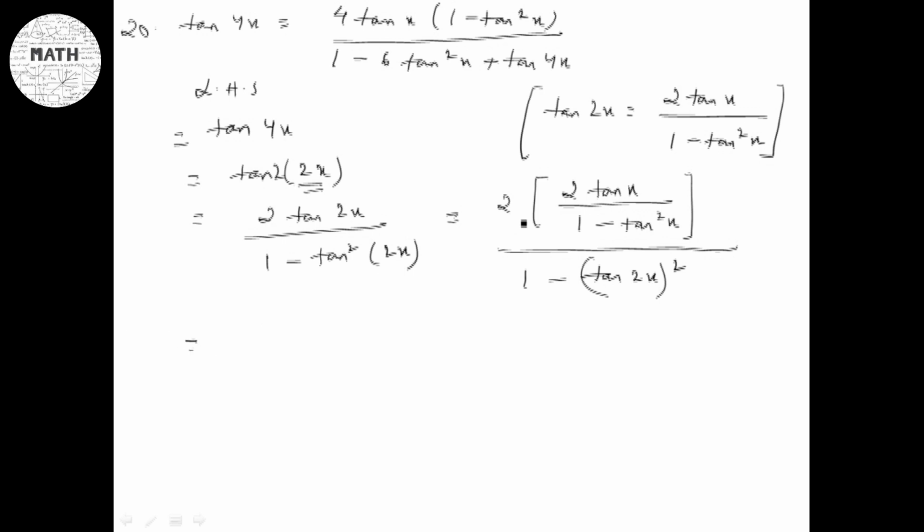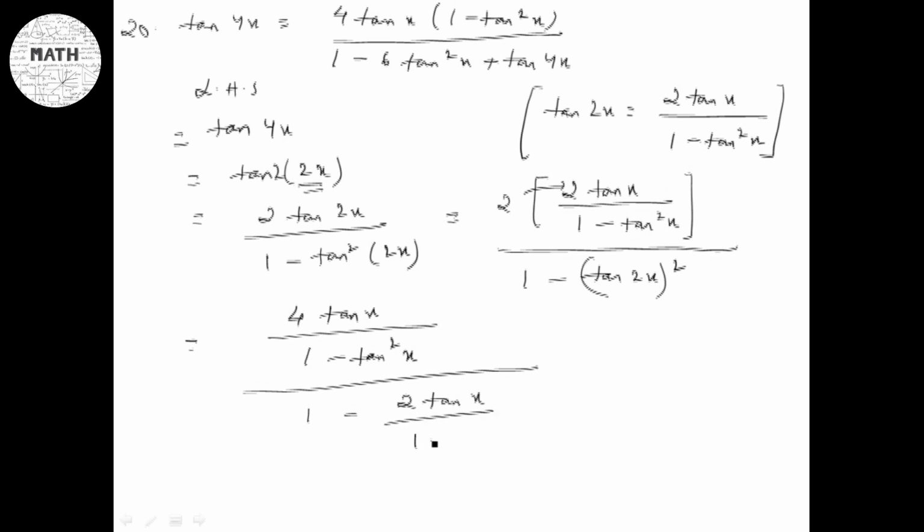So that will be 2 into 2, how much? 4 tan x divided by 1 − tan²x, divided by 1 minus 2 tan x divided by 1 − tan²x the whole thing squared. I guess you are clear till there.